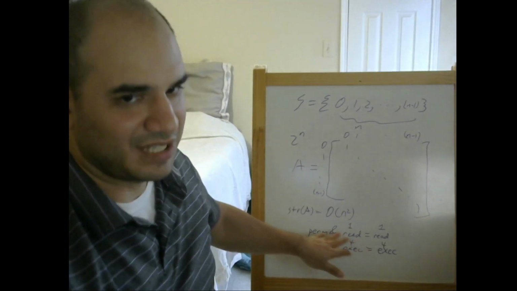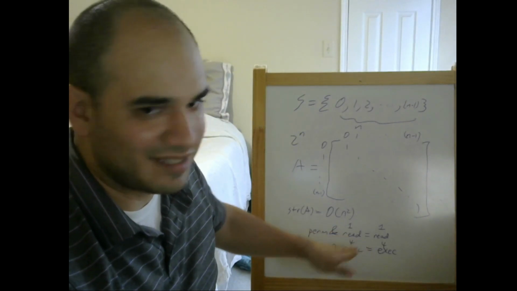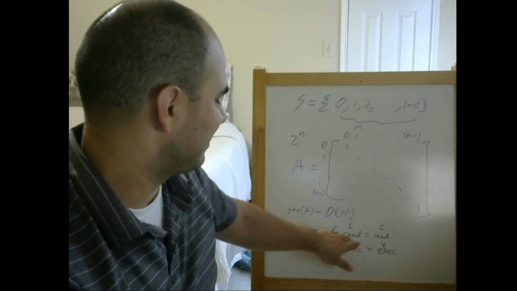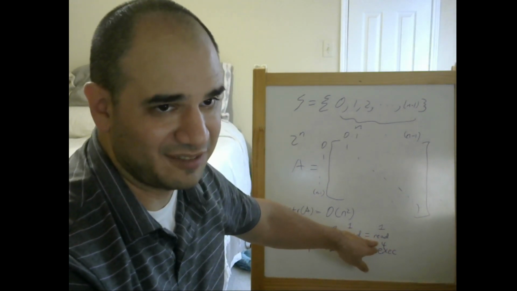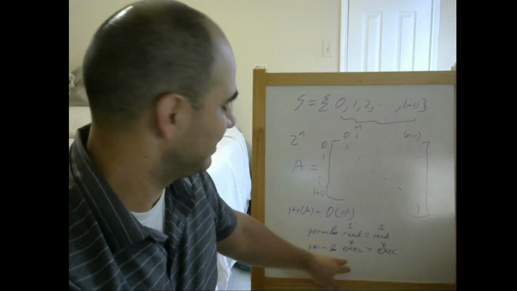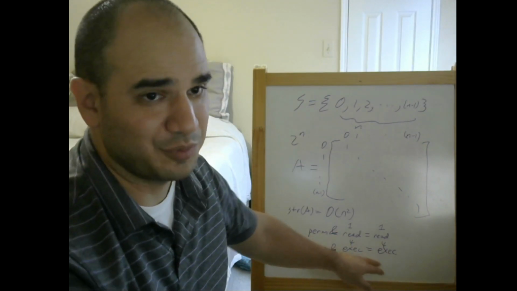Okay, so you do the bitwise AND operation, and if after doing that it's equal to the permission you were testing for, then it has that permission. And then the same thing with the execute permission.